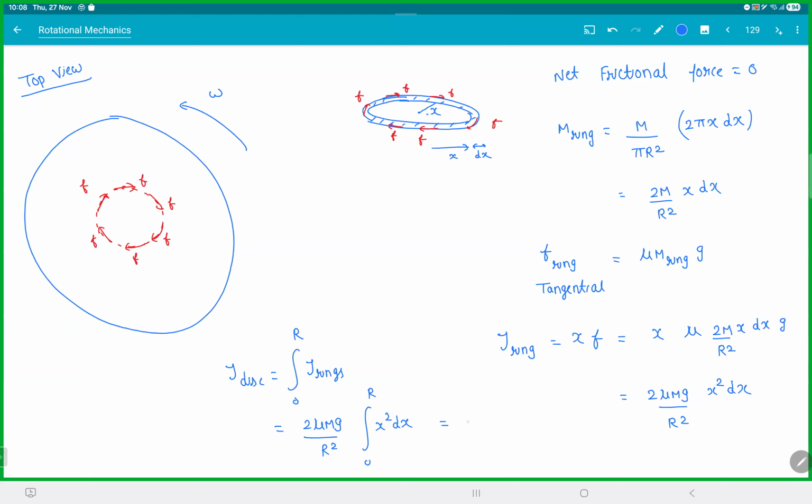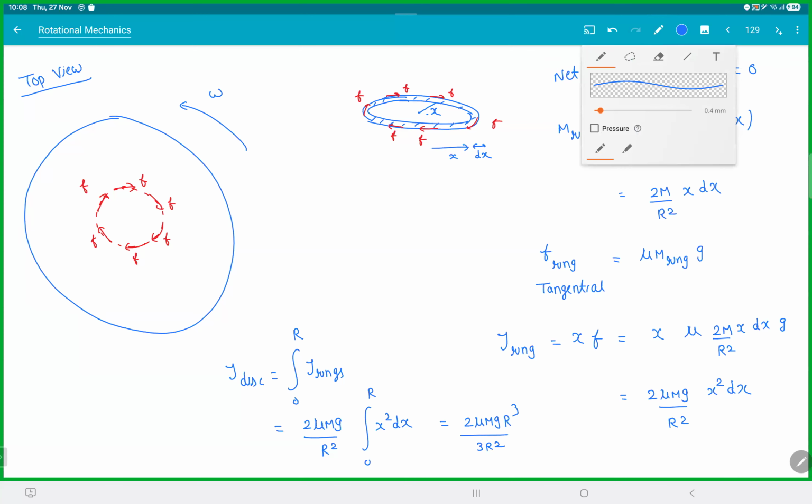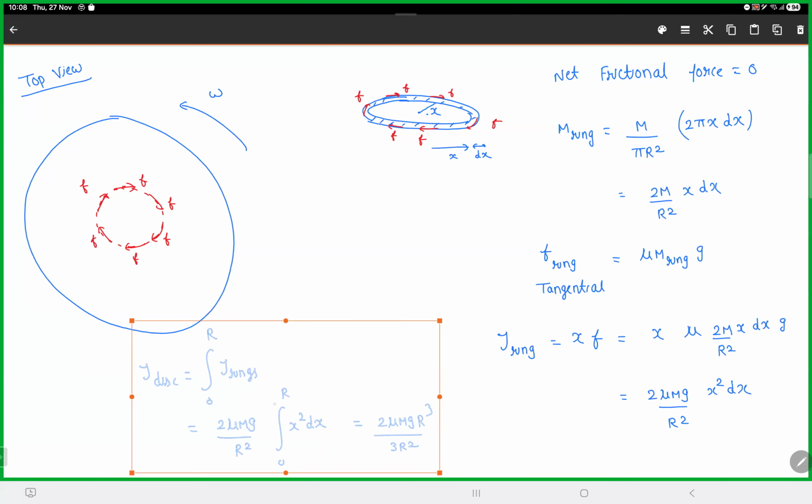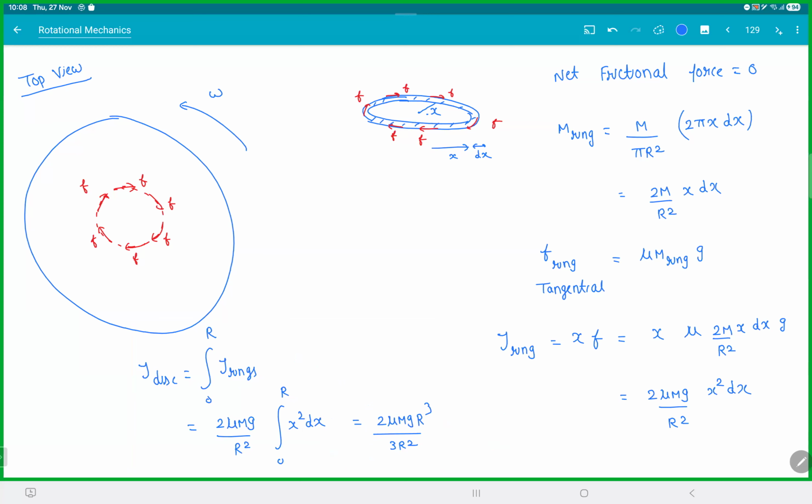And this would be 2mg r cubed by 3r. This is the total torque acting on the disk. Have a look at the steps.